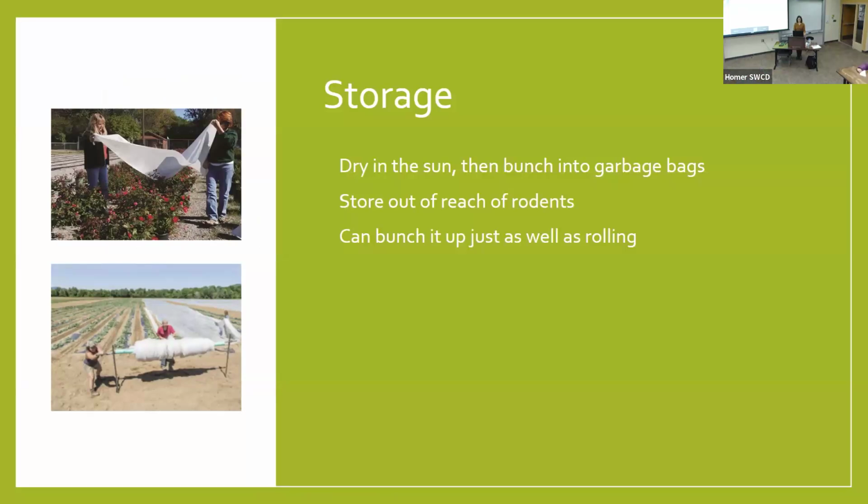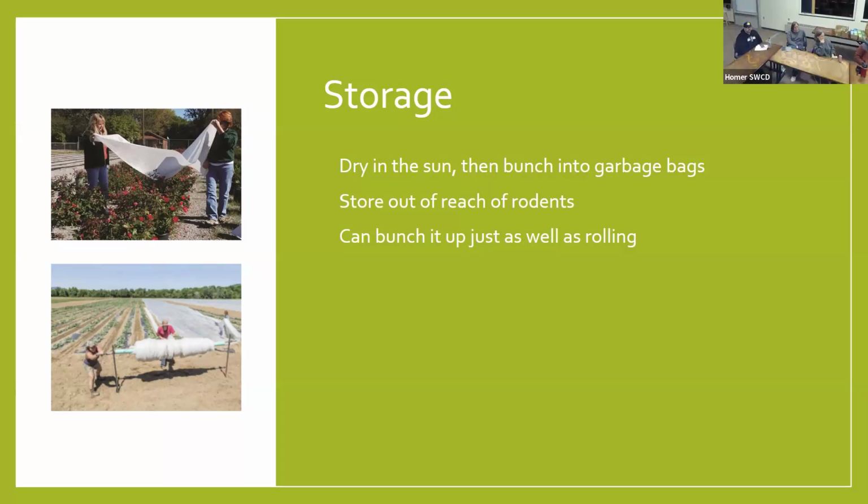So the last thing, the storage of this stuff, especially the agribon, is a little bit delicate. So you want to be kind of careful with it. It absorbs water, so it's good to dry it out in the sun and then bunch it into garbage bags. It's the easiest way I've found to wrap it up and store it. You could also roll it up. These people here have set up a little stand and they've got a couple people rolling it up nicely, and then it's easier to roll it all out when spraying.